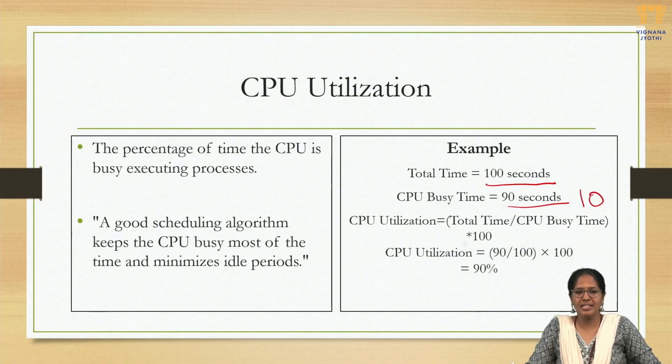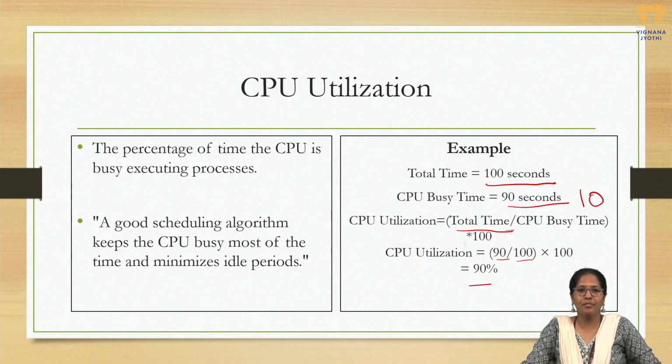The CPU utilization is calculated using the formula: CPU busy time divided by total time, multiplied by 100. Substituting the given values, we get 90, which is the CPU busy time, divided by 100, which is the total time, multiplied by 100, which gives us 90% utilization.